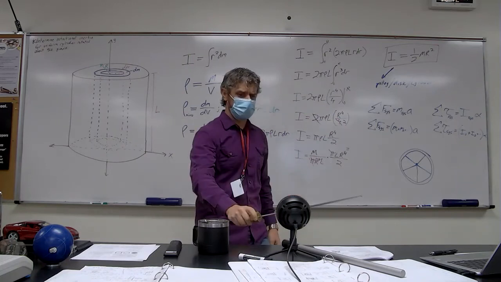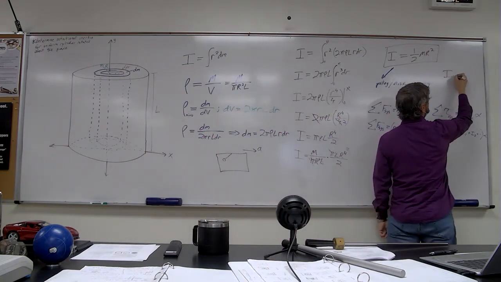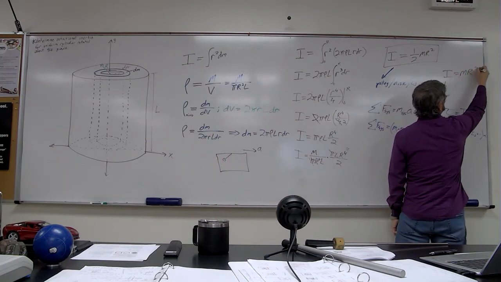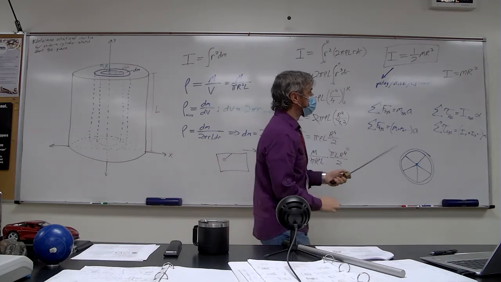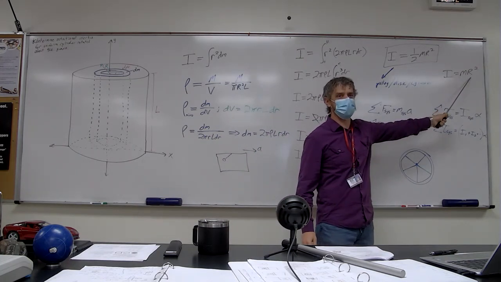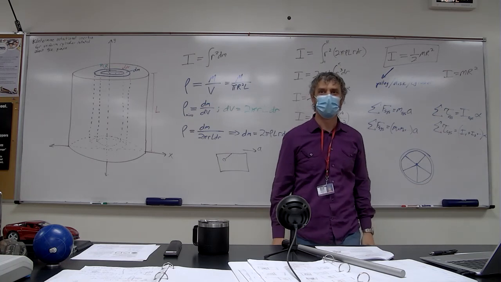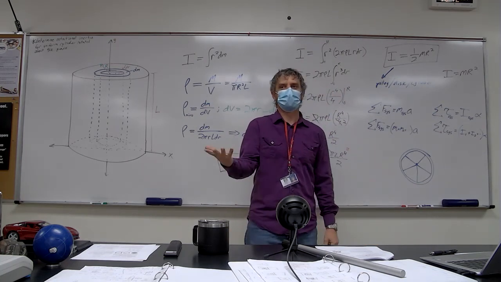And remember that for a point mass, the general equation that we use to determine rotational inertia is mr squared. So not only is it not just the mass, but the mass is not nearly as important as the distribution of the mass, which is represented by r. R tells us how far from the axis of rotation the mass actually is.